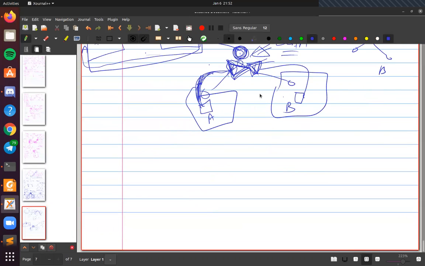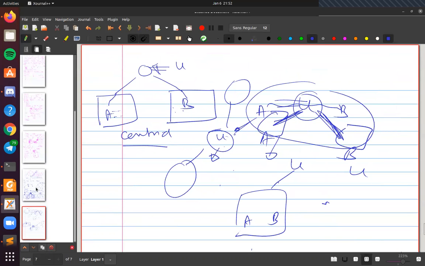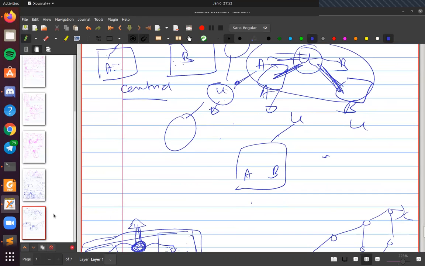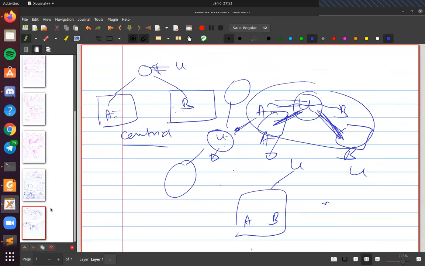Okay. So we will see from questions why this property is so important. If you have any doubts in this property, then ask. Otherwise, if you don't understand the proof for now, you can just remember the property that for every path from A to B, the LCA lies between them.